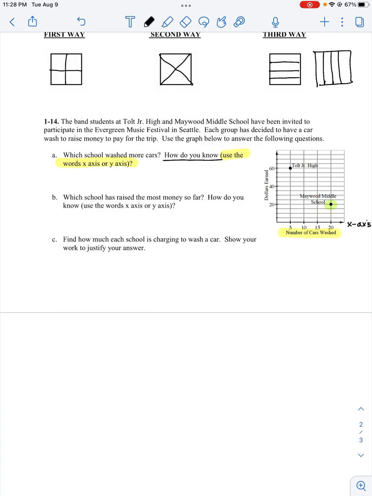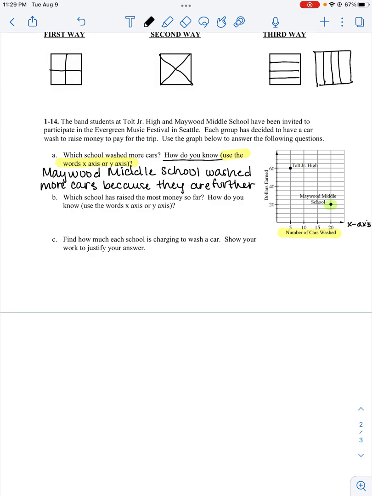Therefore, for part A, Maywood Middle School washed more cars because they are further right on the x-axis.